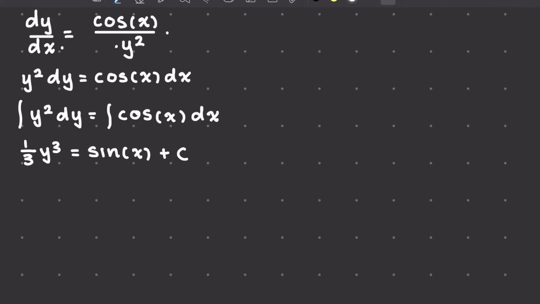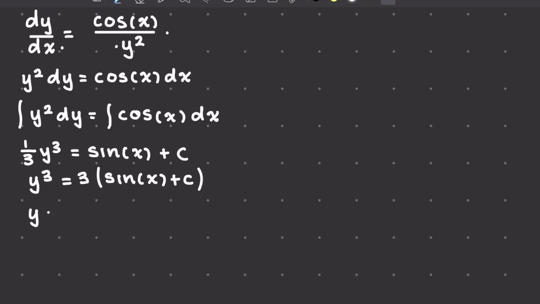And for the next step, since we want to make it y equals a function, we just need to multiply by 3 on both sides and get rid of the 3 on the left side. And we still have y to the third power here.